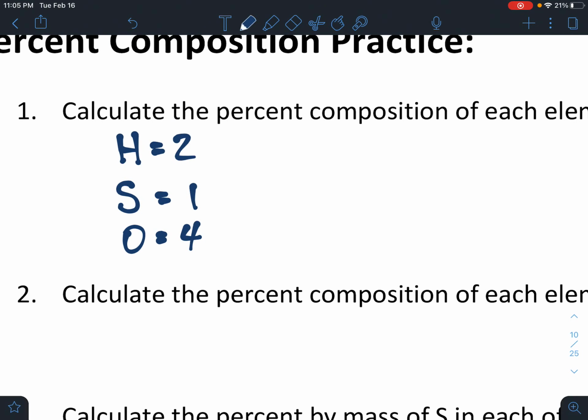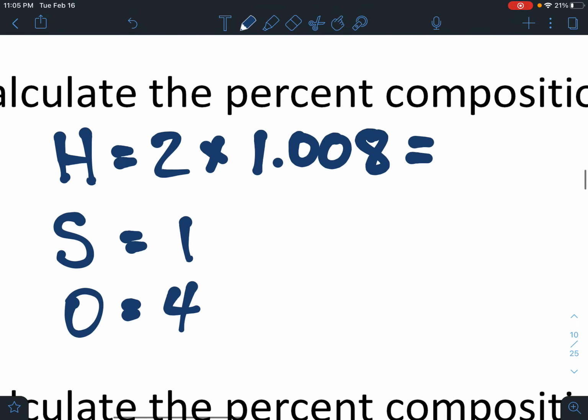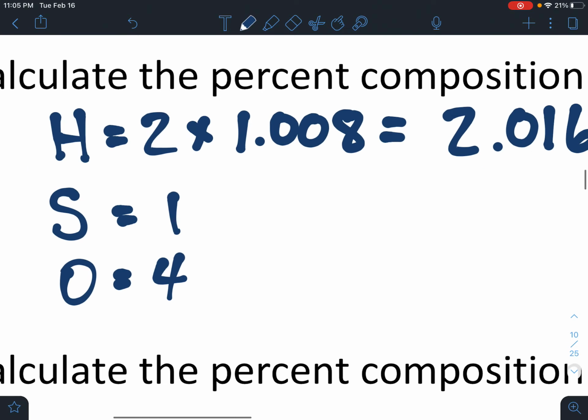Now we want to look up their masses on the periodic table. We want to find the molar mass of each of these elements in the compound. We also want to find the total molar mass. The molar mass of a hydrogen is 1.008. So if we do 2 times 1.008, that's 2.016.